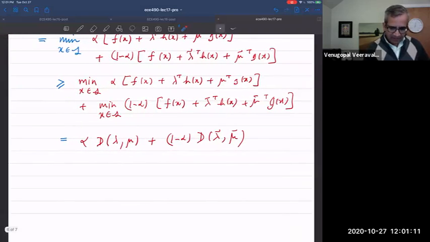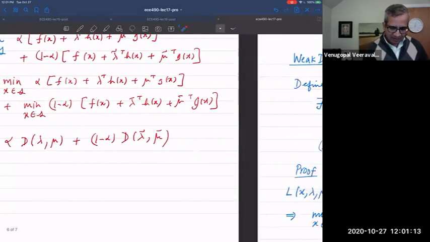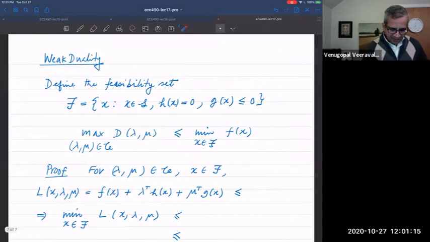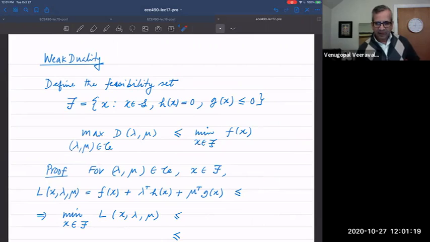Okay, so if there are no questions about this, now let's talk about what duality is all about. So just for convenience, let's call the feasibility set F like we did before. And F is the set of all x's for which the constraints are satisfied. Okay.